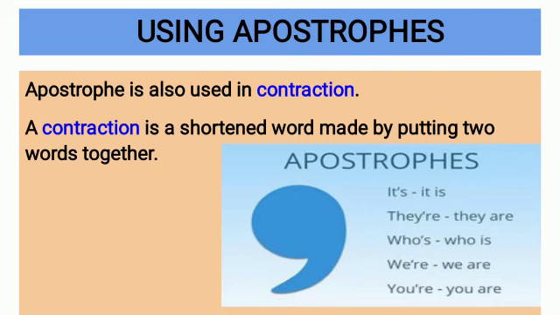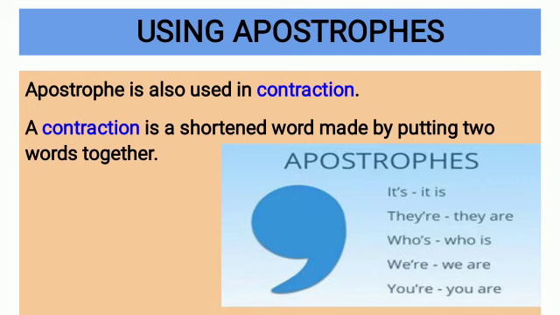Now, this is the main usage of the apostrophe. Just as we use the apostrophe in showing possession, we use the apostrophe in contraction. Contraction is nothing but a shortened word where we put two words together. See the examples given here.